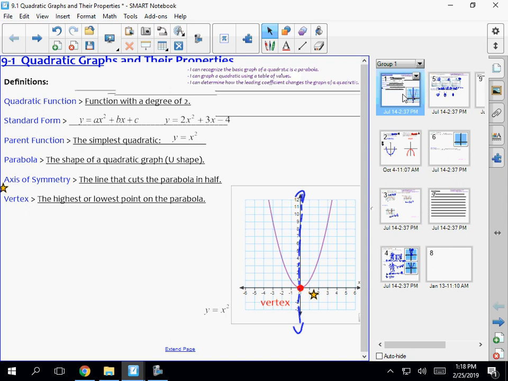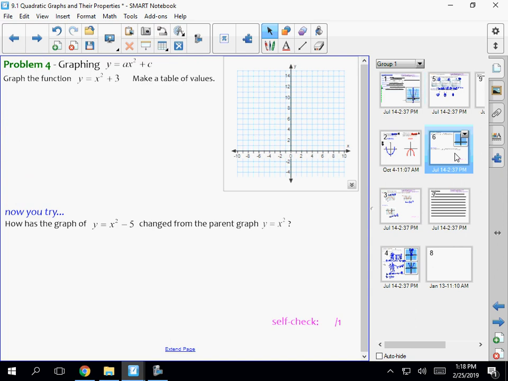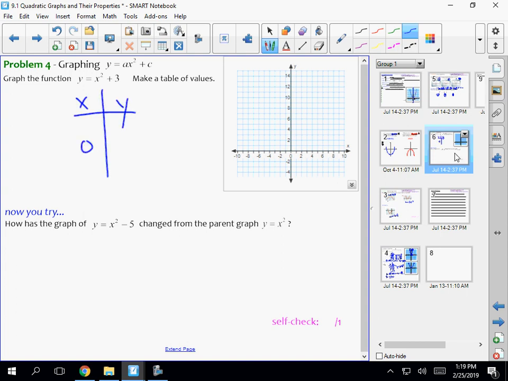There's some other transformations we'll learn about later, but here it says make a table of values, but basically what I have is the parent graph that has been shifted up 3 units. For example, if I make a little table of values here, x, y, I'm going to just place 0 in the middle. When I plug in 0 here and square it and then add 3, where do I land? 0 squared plus 3 is 3. So I have a vertex that's no longer at 0, it's now up at (0, 3).